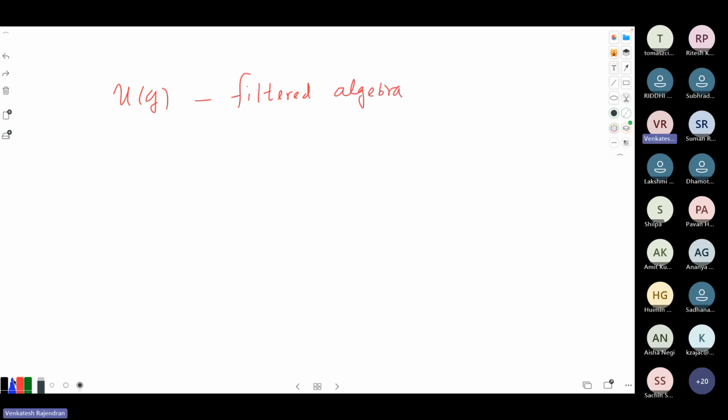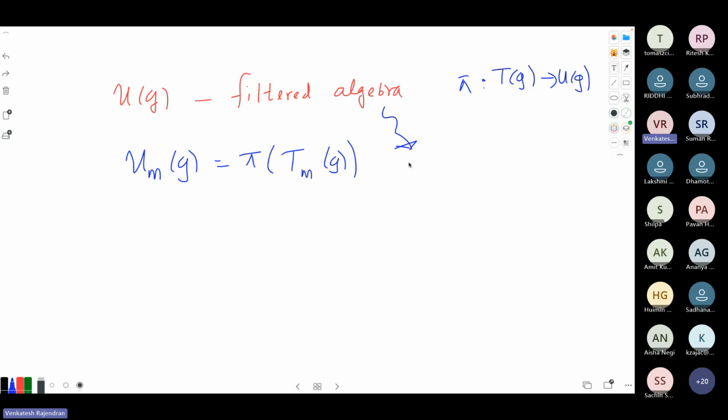The filtration is given by the images of TmG. Recall that pi is the map from TG to UG. Now, if you consider this filtered algebra, you can naturally associate a graded algebra with UG. So this is now a graded associative algebra.